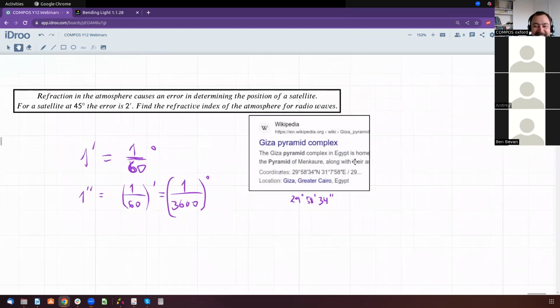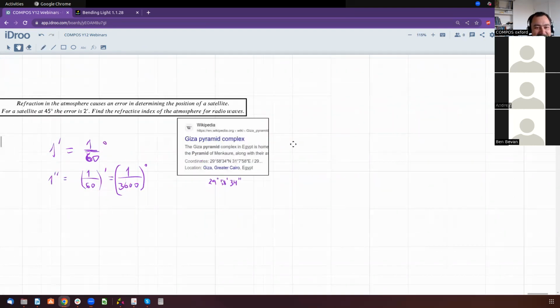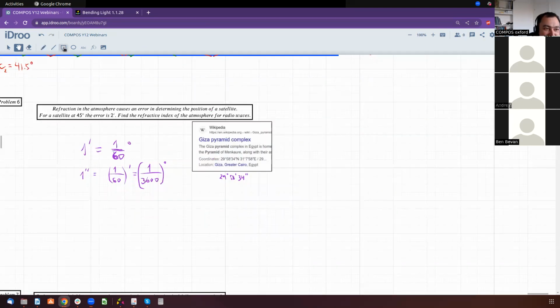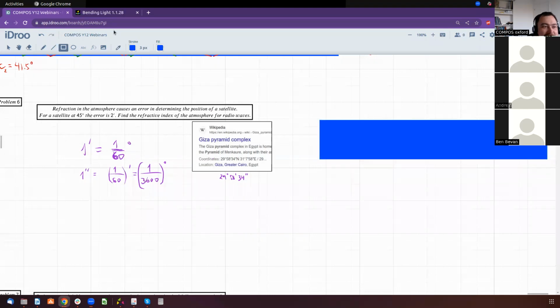Right. So if you have the atmosphere of the Earth, and this is your antenna, and this is the satellite, and the radio signal travels from the satellite to the antenna, and there is a small refraction because of the atmosphere.